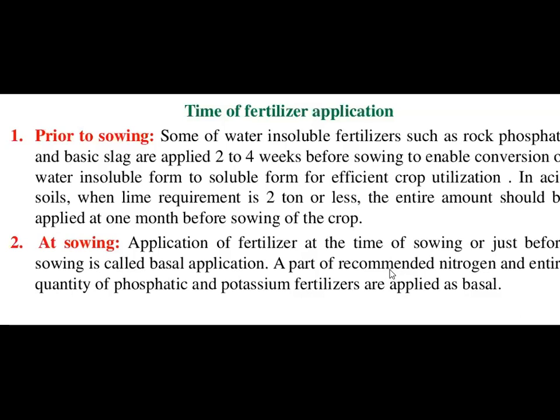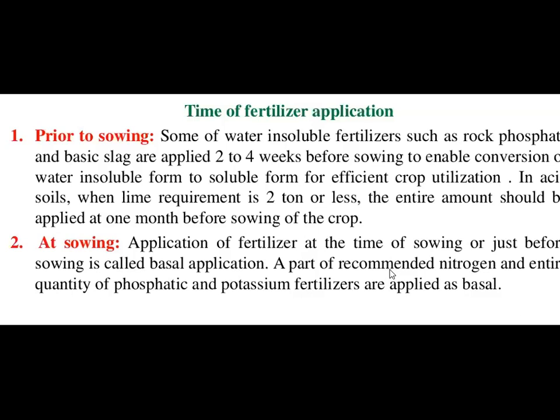Prior to sowing, some water insoluble fertilizers such as rock phosphate and basic fertilizer are applied 2 to 4 weeks before sowing in order to increase efficiency of fixed phosphorus so that it will come into soluble form and can be easily taken up by plants.